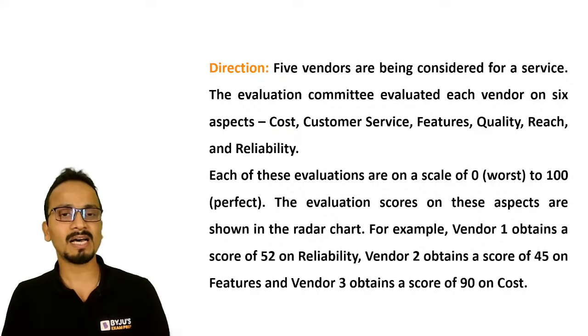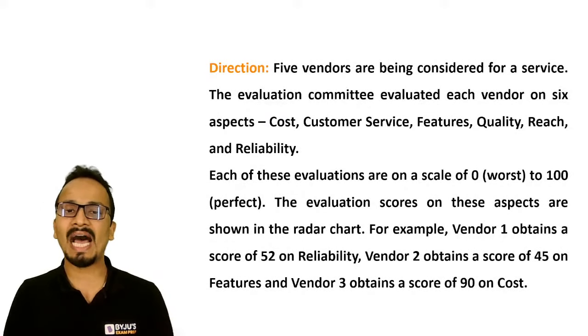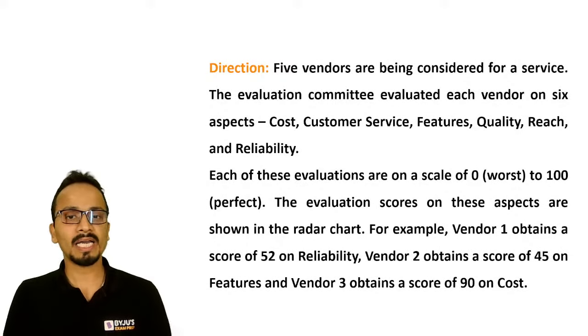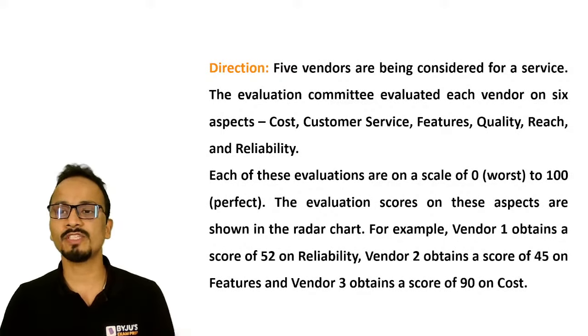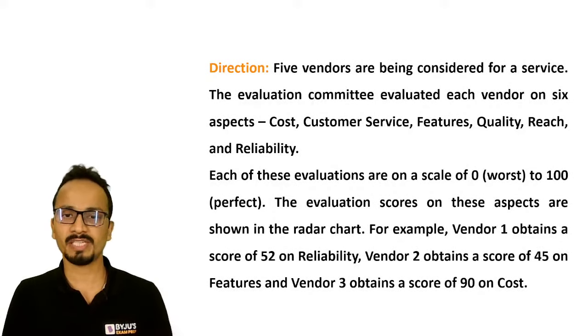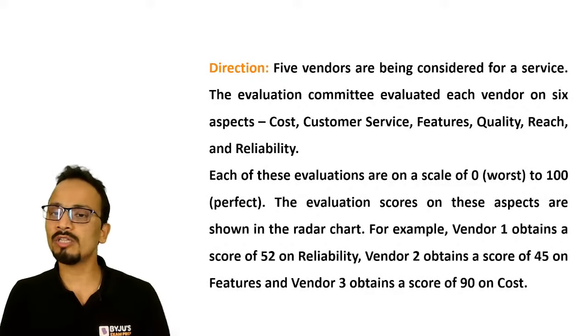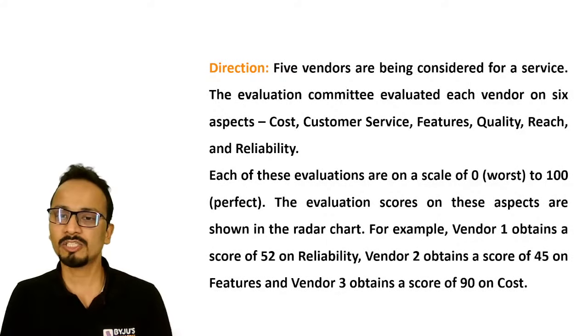These aspects are cost, customer service, feature, quality, reach, and reliability. Each of these evaluations is on the scale of 0 to 100, 0 being worst and 100 being perfect. The evaluation scores on these aspects are shown in the chart on the next screen.